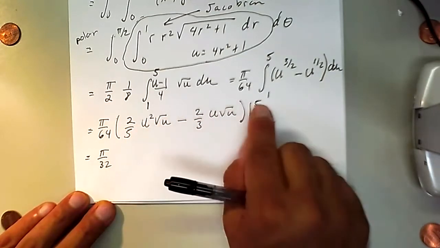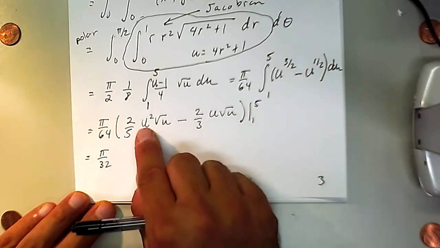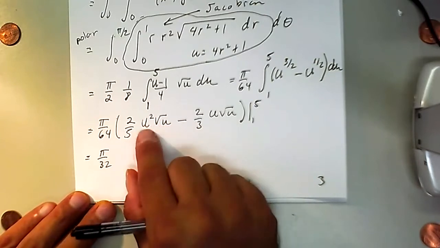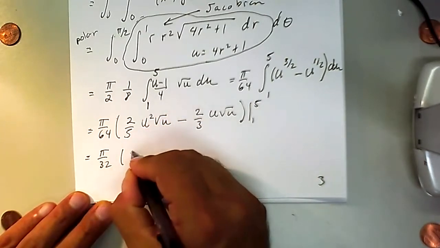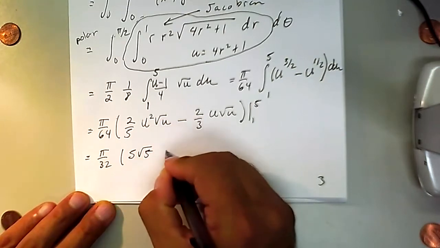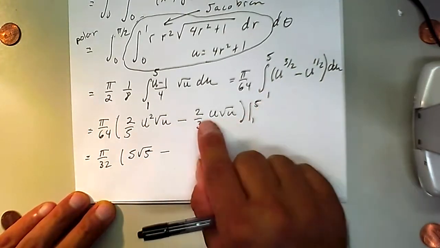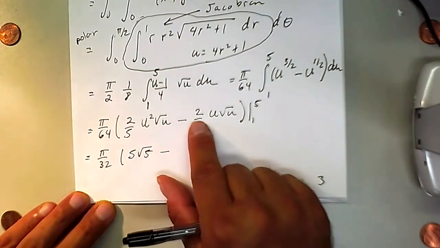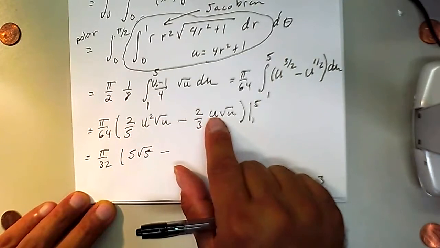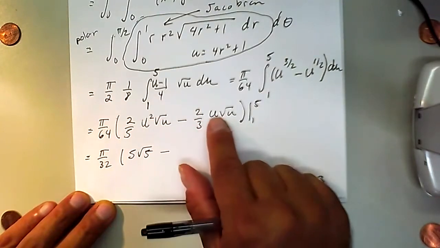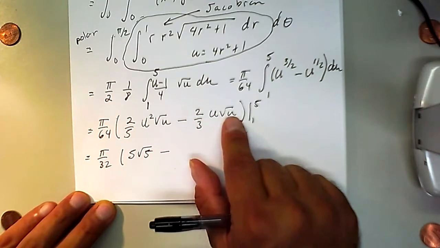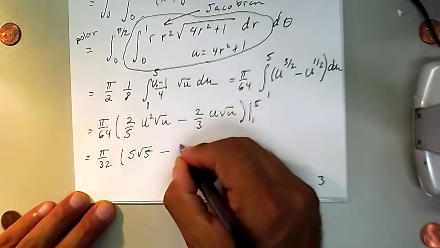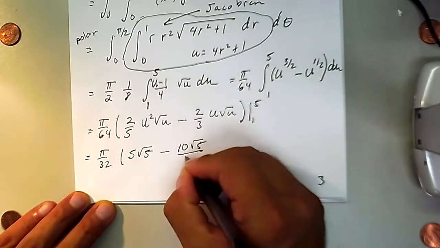And then when we plug in 5, we're going to get 25 root 5 over 5. Well, 25 root 5 over 5, that's the same thing as 5 root 5. Minus, we're still going to plug in the 5. The 2 is gone because remember we factored out the 2 to reduce the 64 down to 32. So we're going to have 2/3 of 5 root 5. That is 10 root 5 over 3.